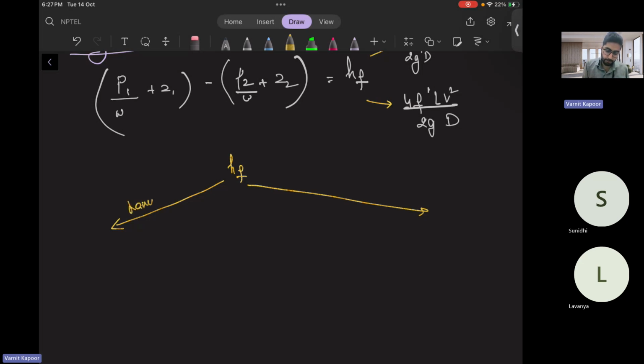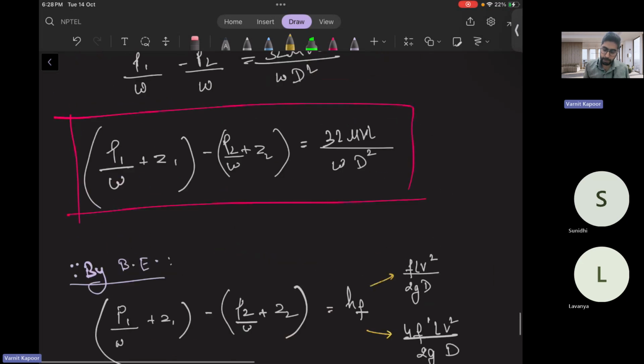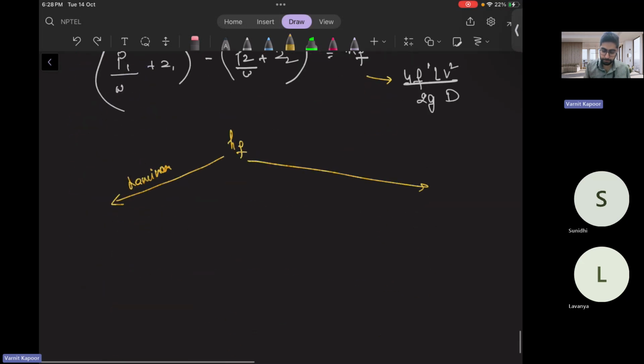For the laminar scenario, if you compare both of the above equations, your hf will be 32 mu V L by W D square, only for laminar, fully developed pipe flow.